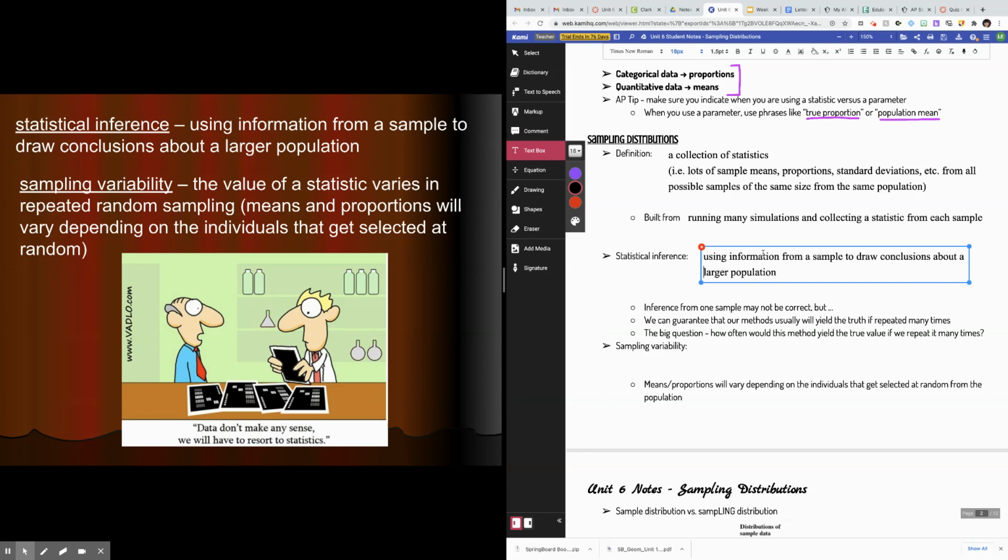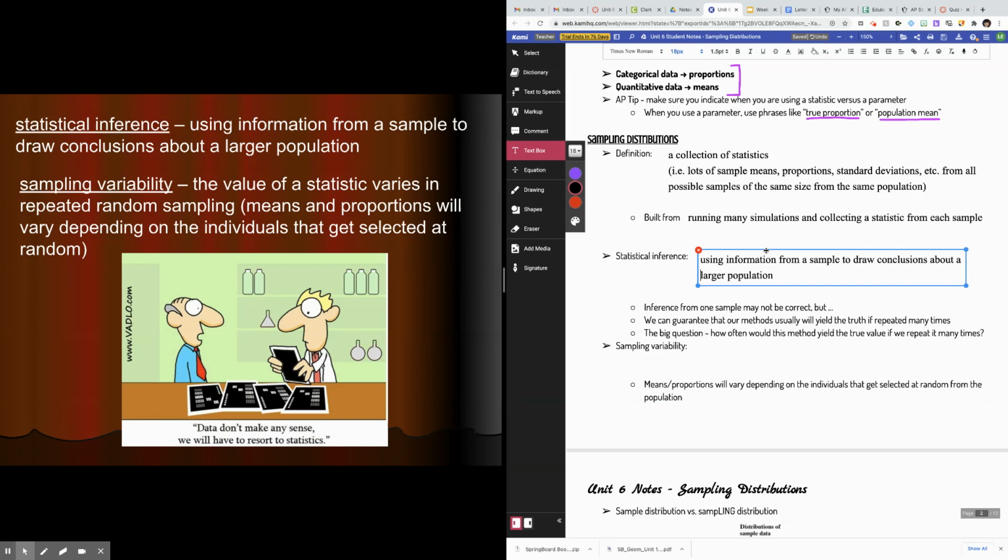And so then there's this big question that we have to contend with, which is how often would your particular sampling method yield the true value, the exact truth, if we repeated it many times? That's an overarching question that we're going to attempt to answer throughout this unit and throughout the semester.